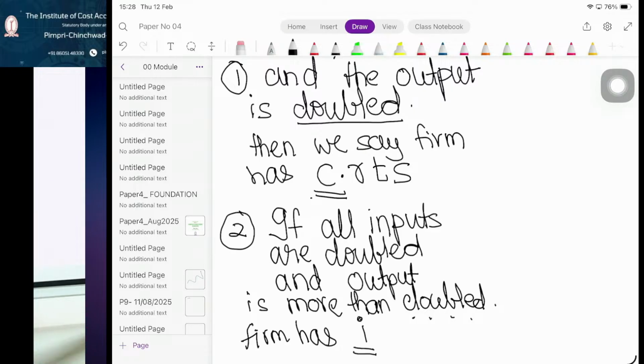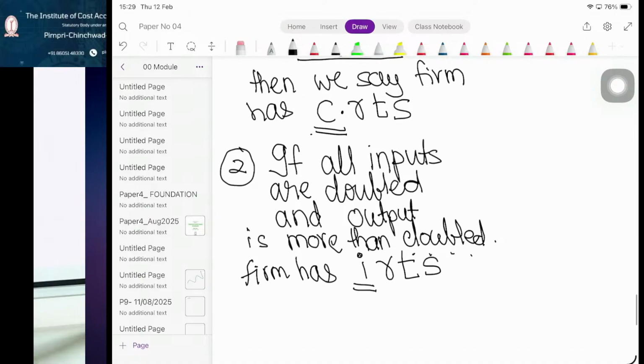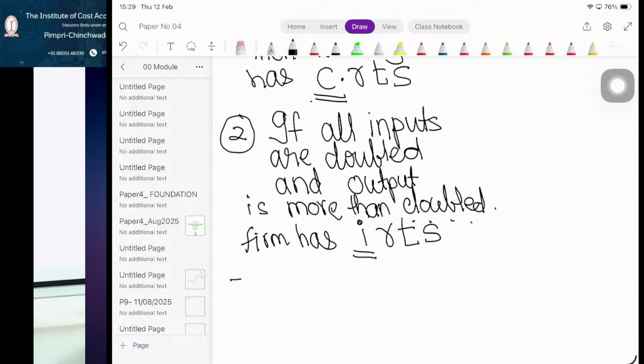This I stands for increasing returns to scale. You have to memorize, these laws are so important that you cannot afford to forget them. Let me write the third and the final rule of returns to scale.